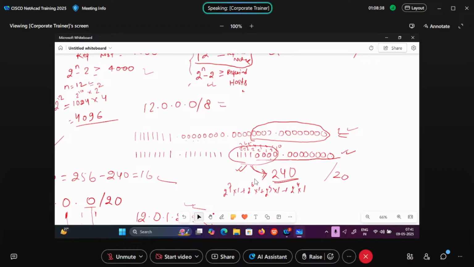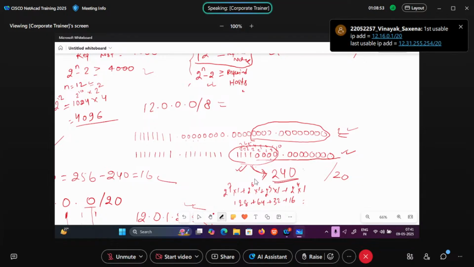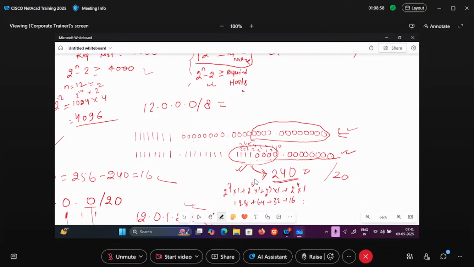That is 128 plus 64 plus 32 plus 16. If you add it, you get 240. So 240 is the value that comes from the changed octet, the third octet having 1 and 0 combinations.